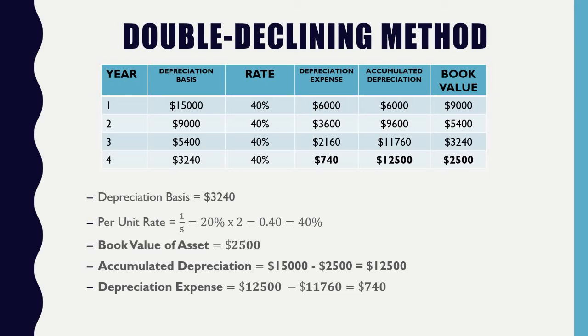In this concept, your book value can never fall below your salvage value. It must be equal at the end of its life. And in this case, its end of life is on the fourth year because of utilizing it so much, depreciating twice as fast. So we've reached the end of its life and it fell below salvage value.